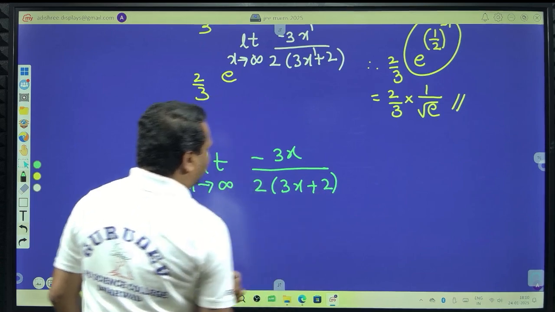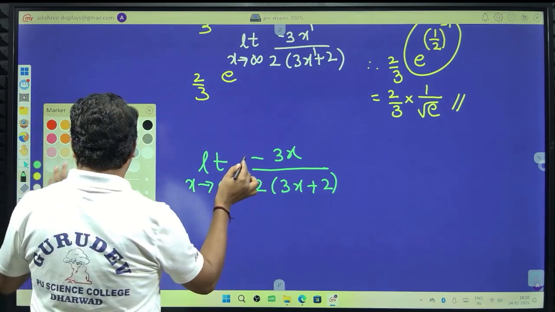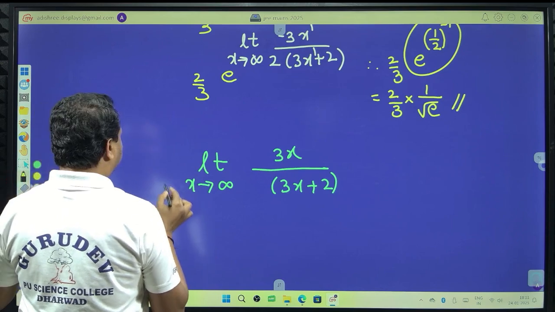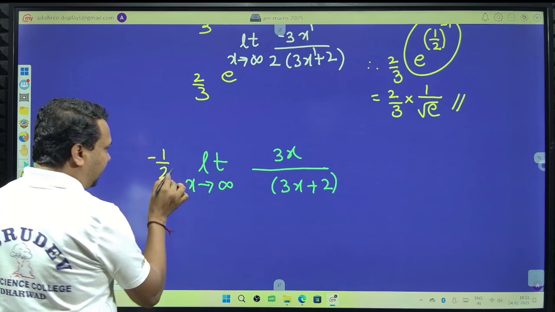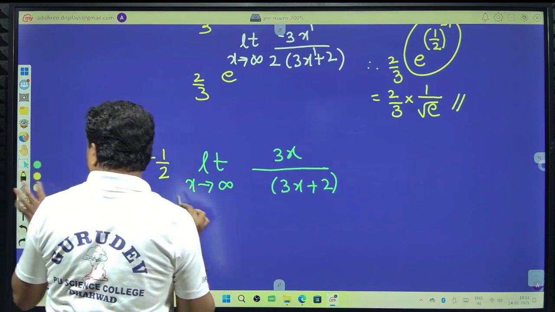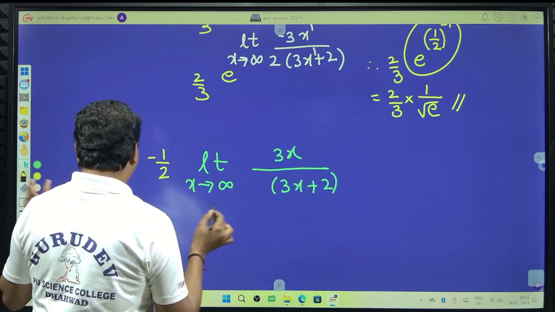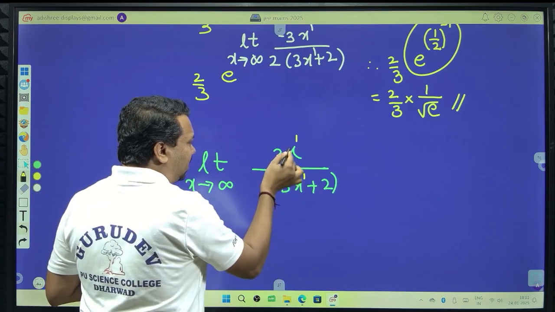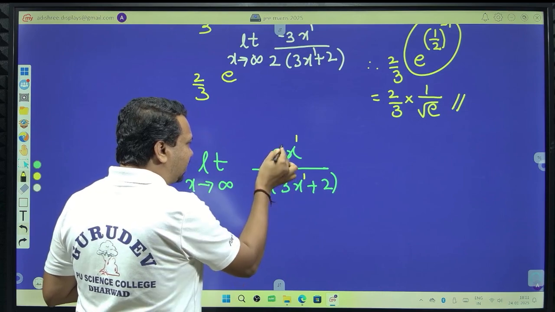Clear? So what I am going to do is take minus 1 by 2 as a constant, correct? Minus 1 by 2, keep it outside. Step 1: now observe, as x tends to infinity, numerator and denominator have the same power of x. So the answer is 3 divided by 3. What is 3 divided by 3?